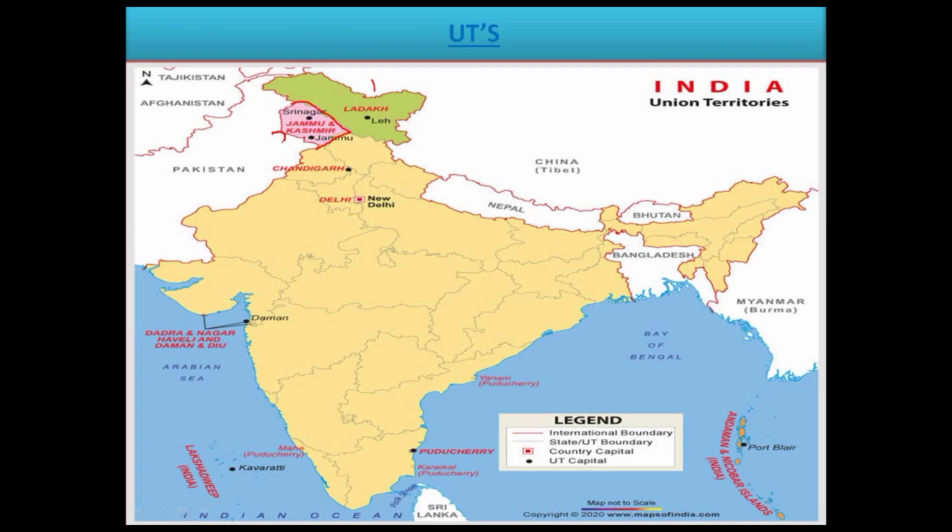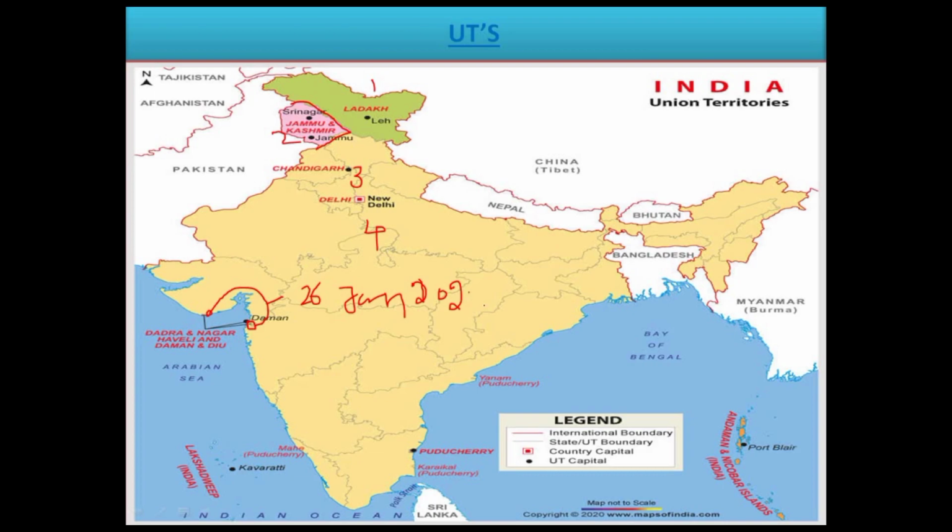Daman and Diu and Dadra Nagar and Haveli were both combined by our Indian government on 26th January 2020, and made into Dadra Nagar Haveli and Daman and Diu.